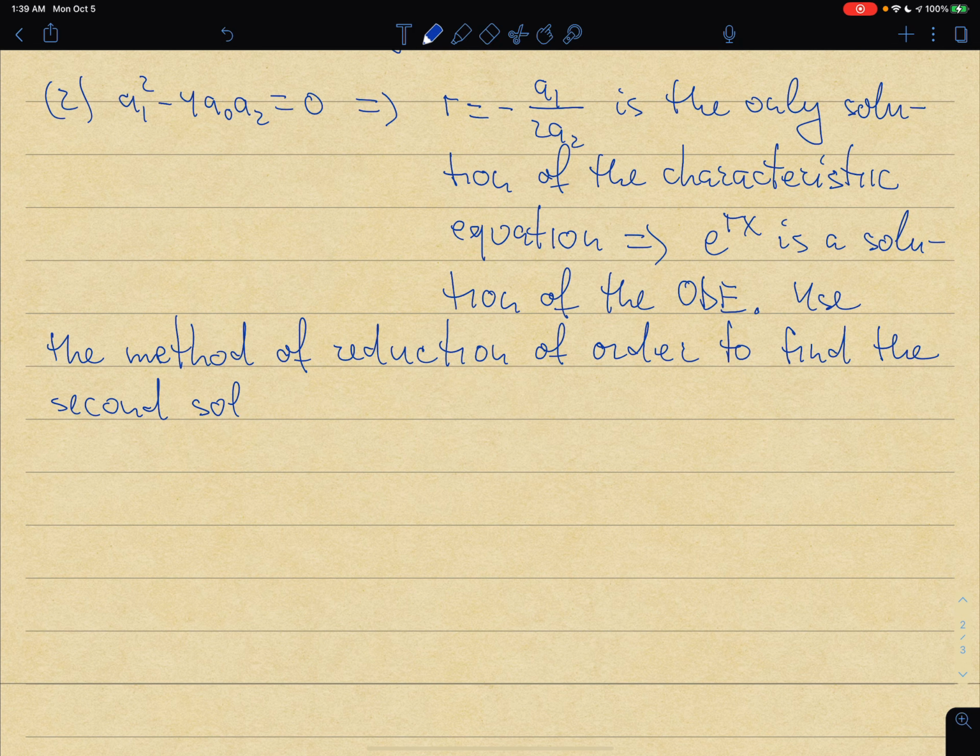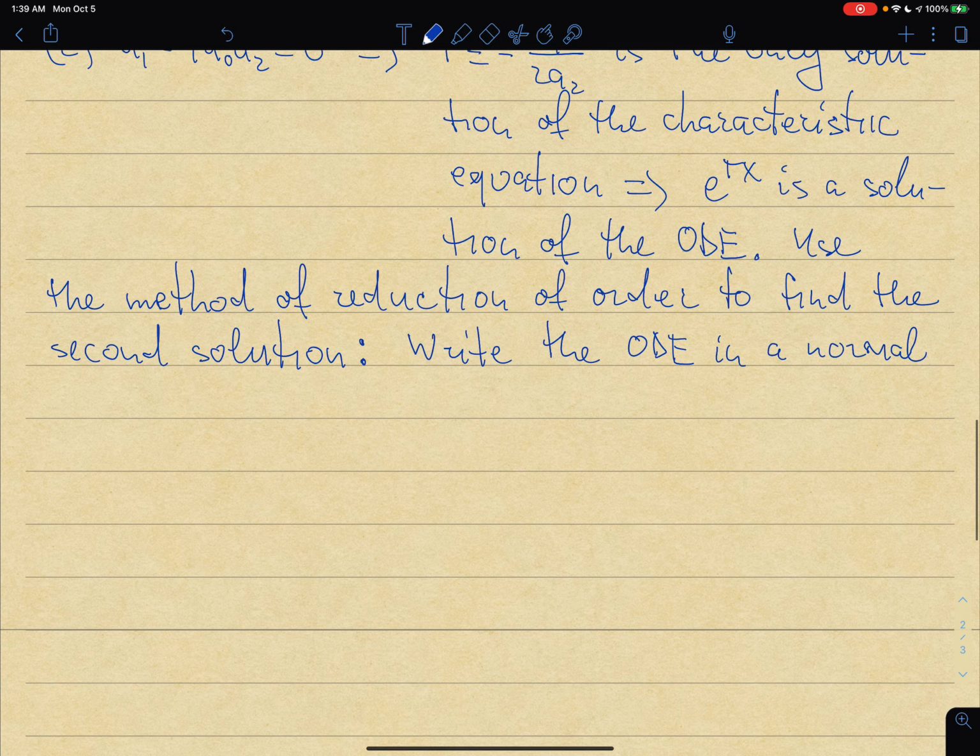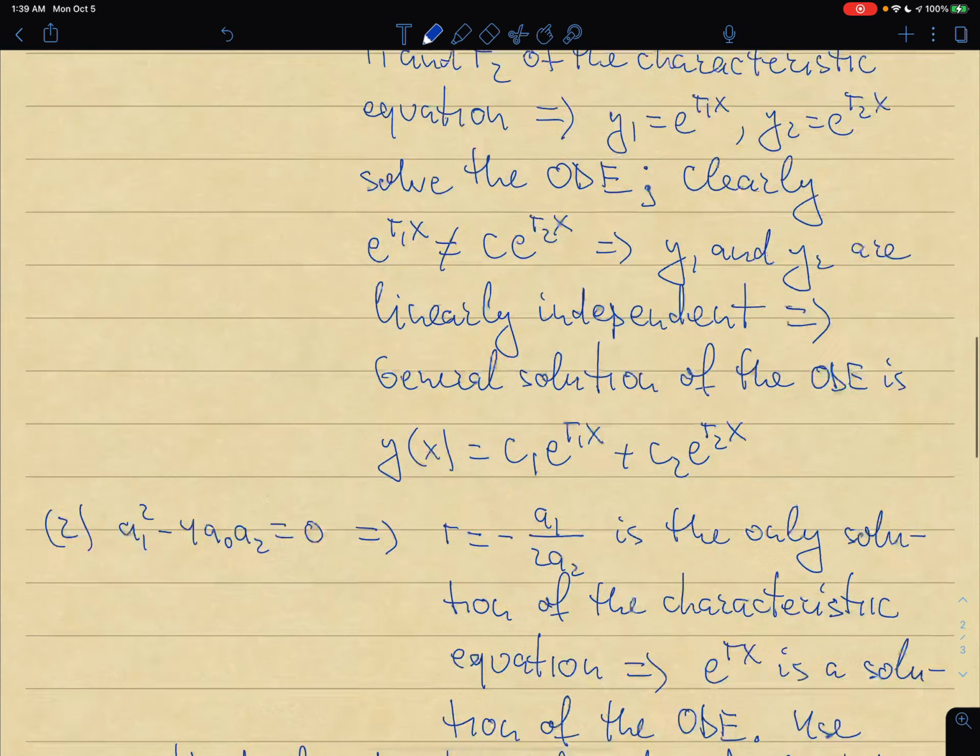Okay, so how do we do that? First, we need to write the equation in a normal form. Write the ODE in a normal form. For that, we go back to the ODE.